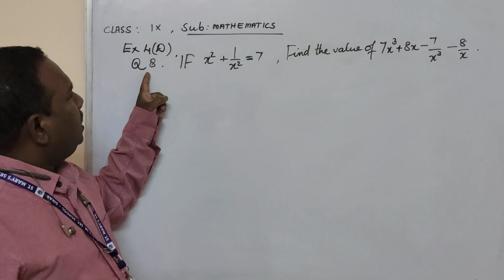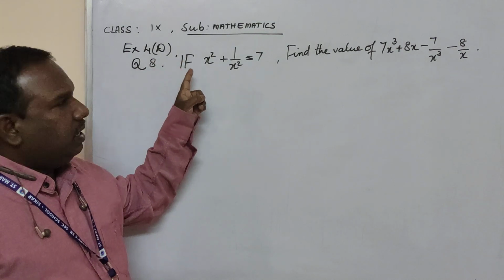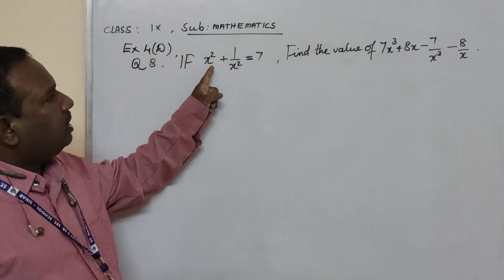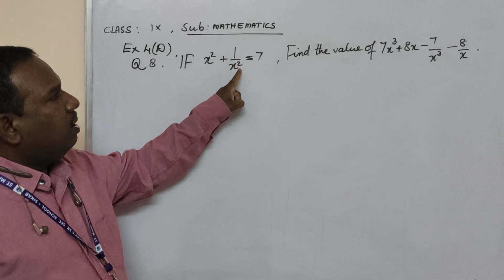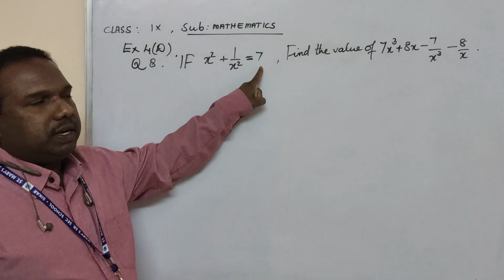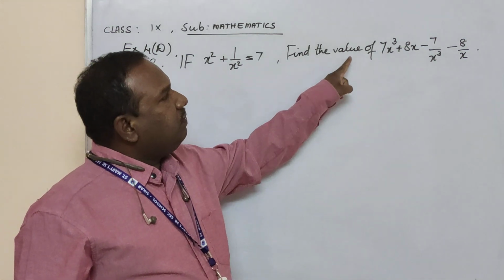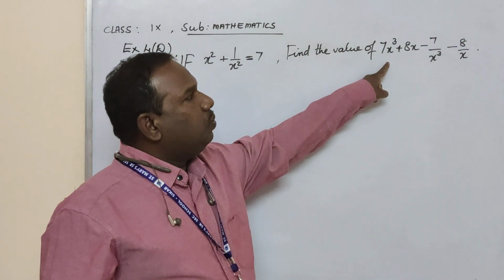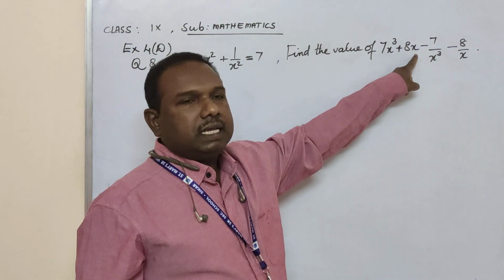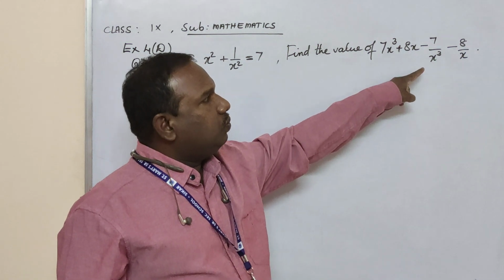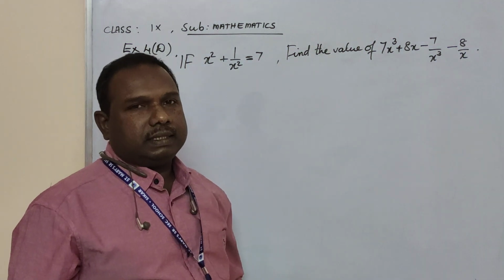Question number 8 from exercise number 4D is: if x square plus 1 by x square is equal to 7 and x is not equal to 0, find the value of 7x cube plus 8x minus 7 by x cube minus 8 by x.